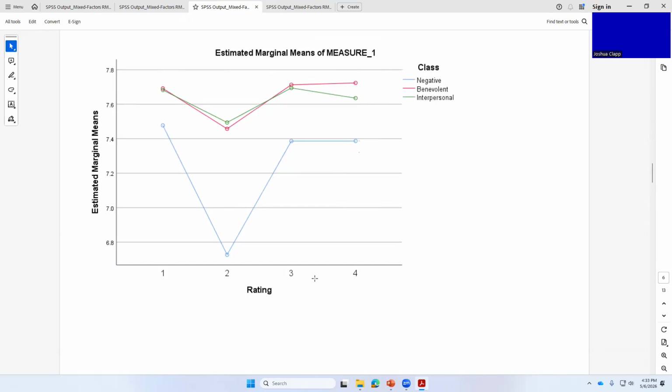So again, what we need to do is think about how we are going to go through and test this. And again, we want to think about some combination of a priori and planned comparisons, or a priori and exploratory analyses.